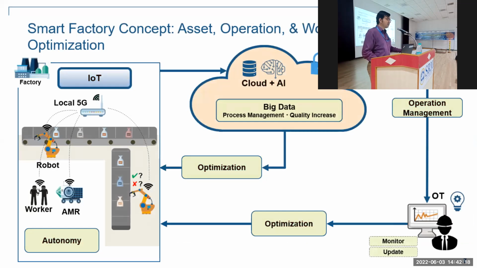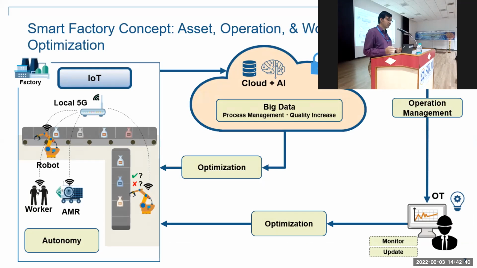So the concept, if you typically look here, is that there is going to be a number of workers in an environment, but there are also going to be autonomous robots. And using IoT technologies, they will be taking data to a central system, in a cloud where there are AI algorithms running.